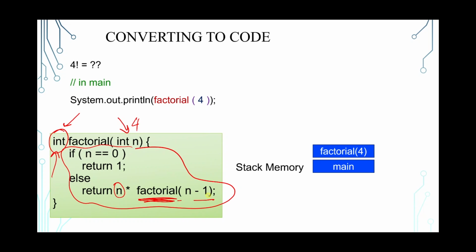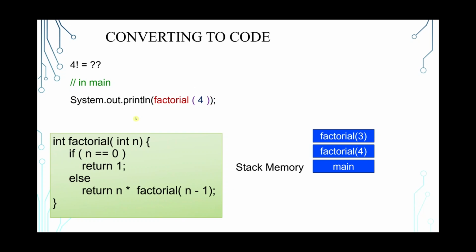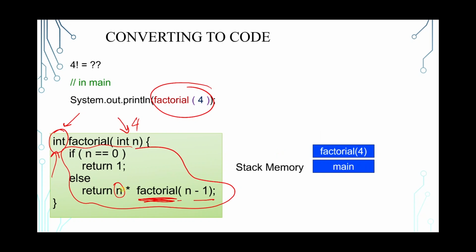So the first thing you have done in main is you called factorial 4. You give 4, and you add one stack frame. When you receive 4, is n equal to 0?